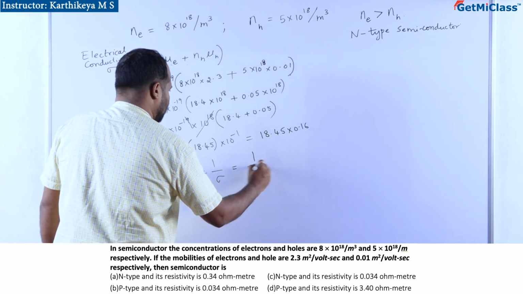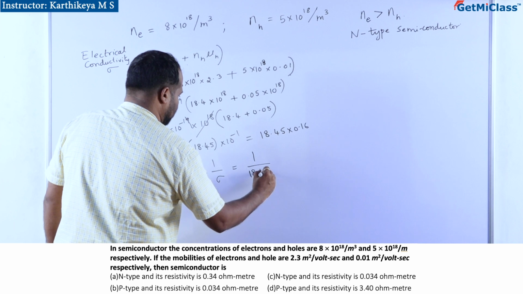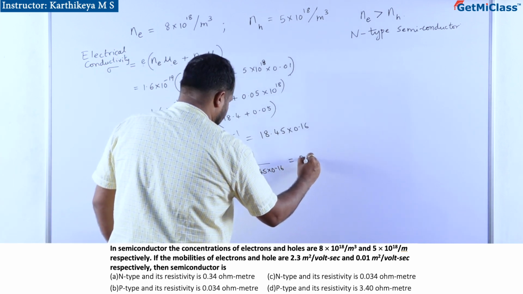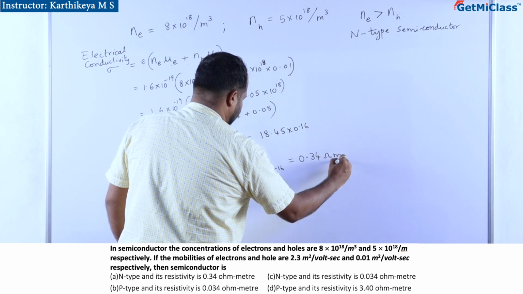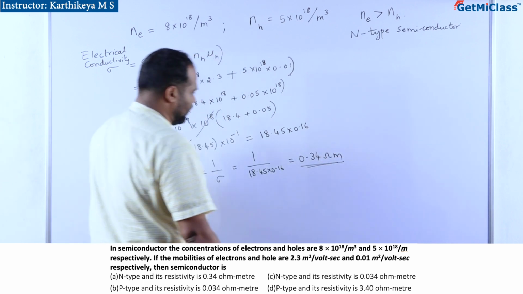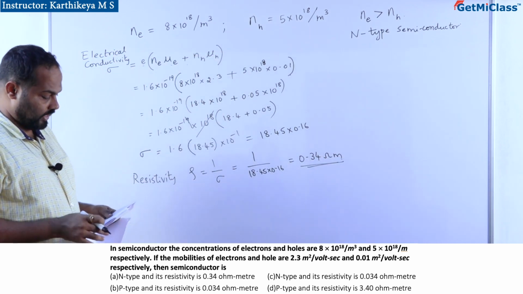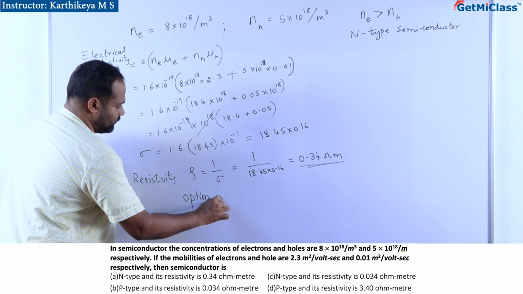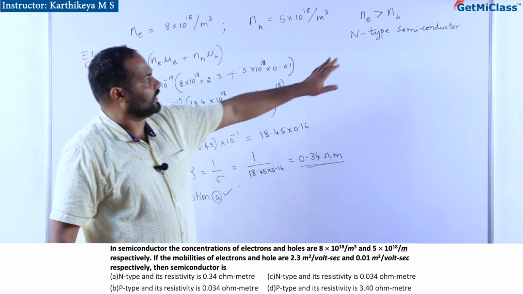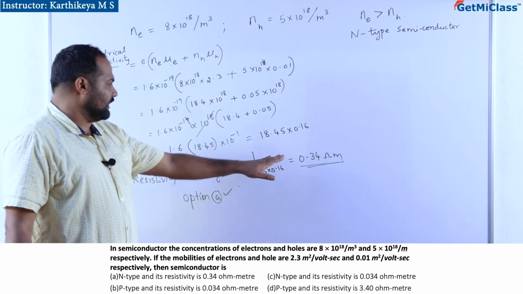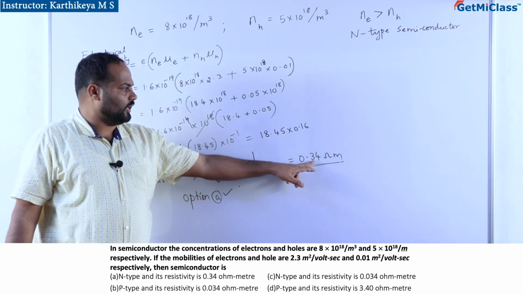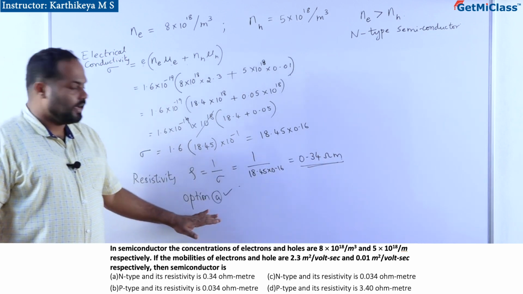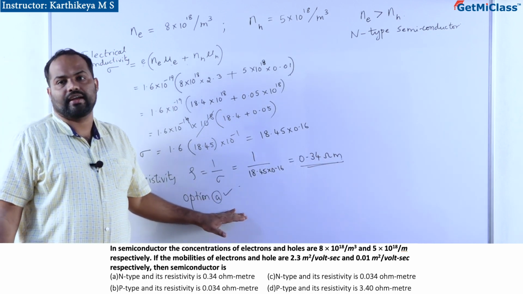So that will be 1 by 18.45 into 0.16, and that comes around 0.34 ohm meter, which happens to be option A. So the semiconductor is N type and its resistivity is 0.34 ohm meter. Hence option A is the right answer.